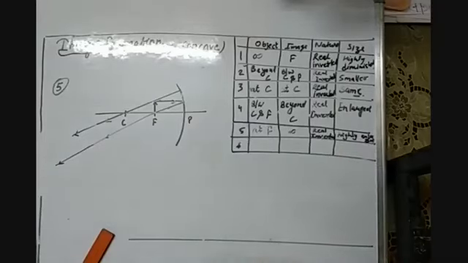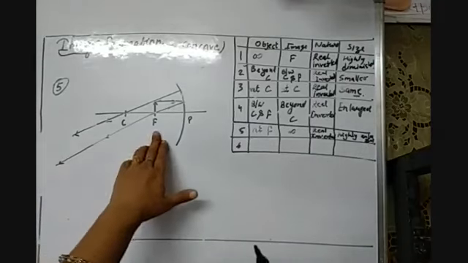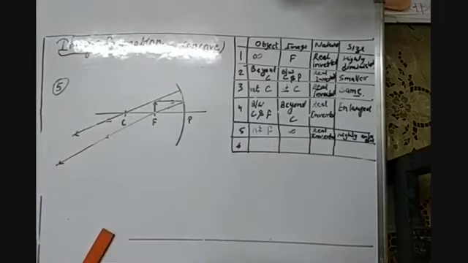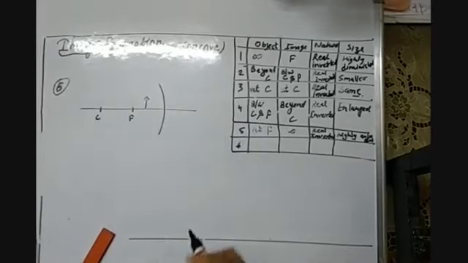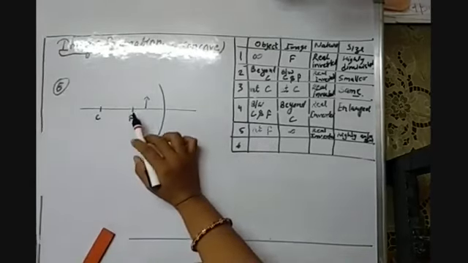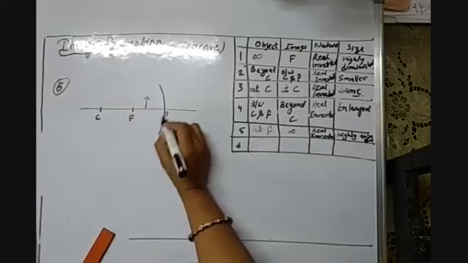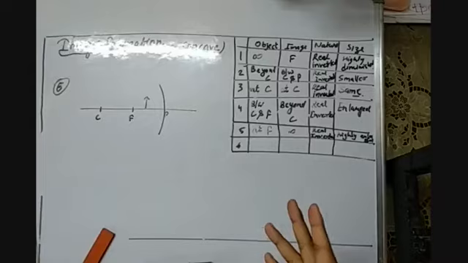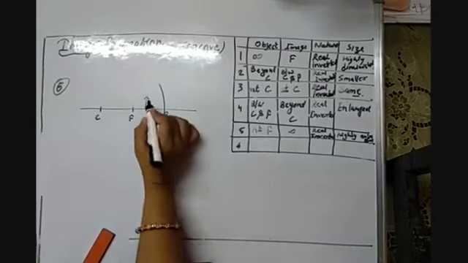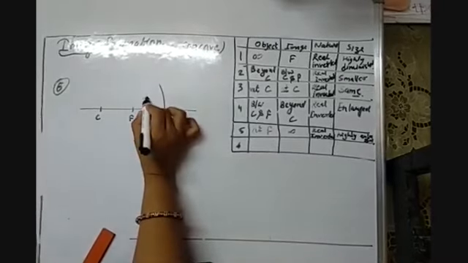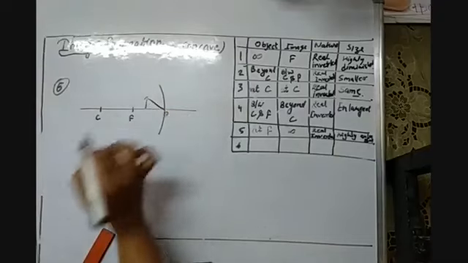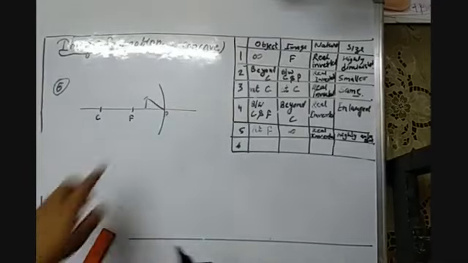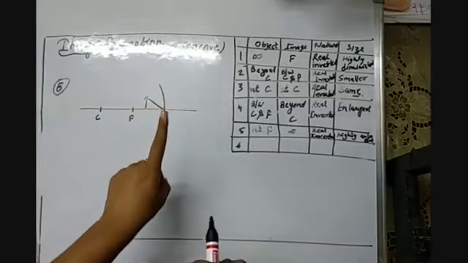Then the next point is, can we move the object even nearer to the spherical mirror? Now let us see what happens. When the object is placed between pole and focus, again we have to choose 2 out of the 4 rules to obtain the image. One is, let's say, the ray that comes to the pole. Why am I not taking the first rule?